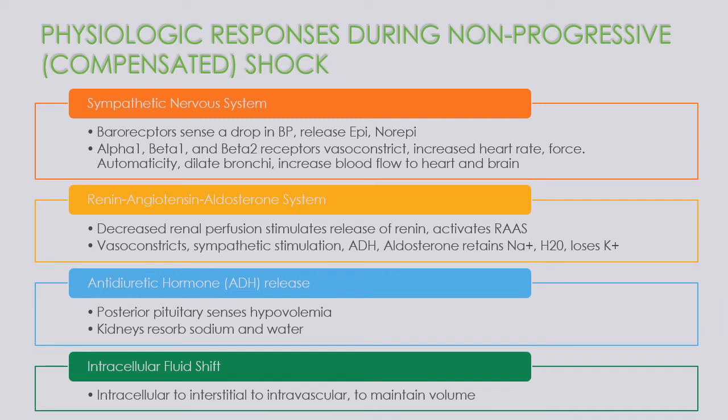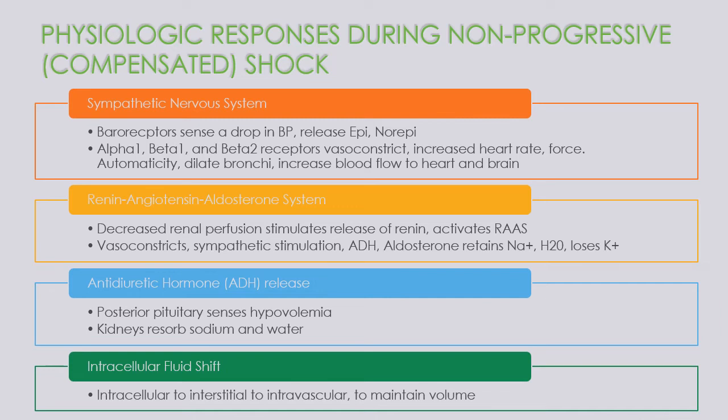So the goal of all of this is to maintain adequate oxygenation and circulation, so perfusion to the brain. So antidiuretic hormone is released when the posterior pituitary senses hypovolemia, and again tells the kidneys to resorb water and sodium.